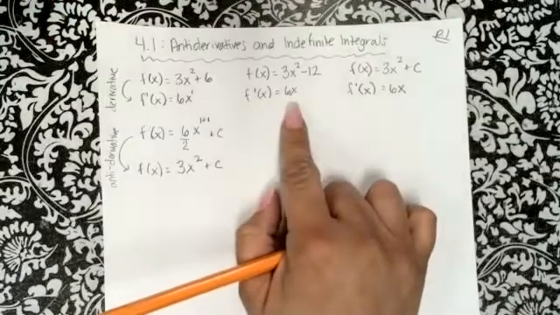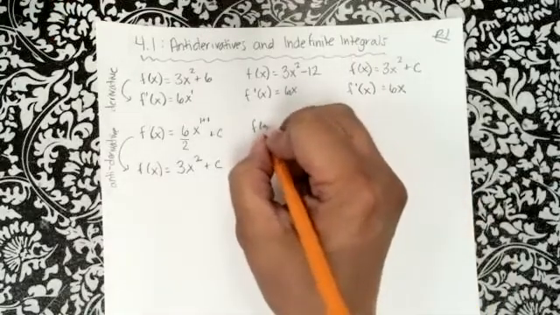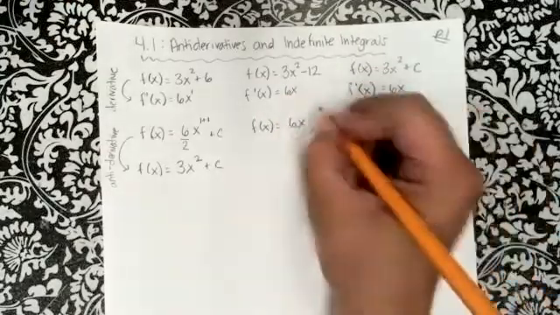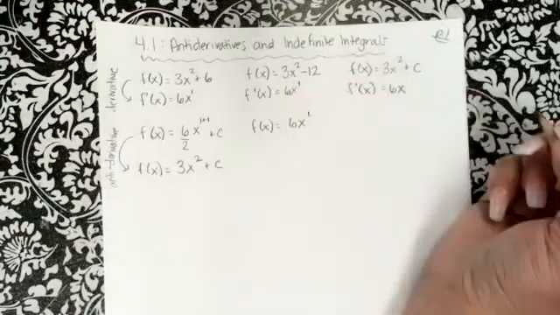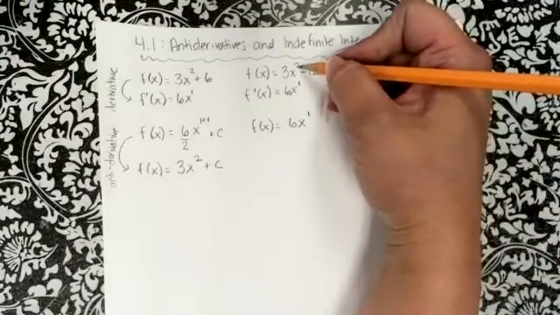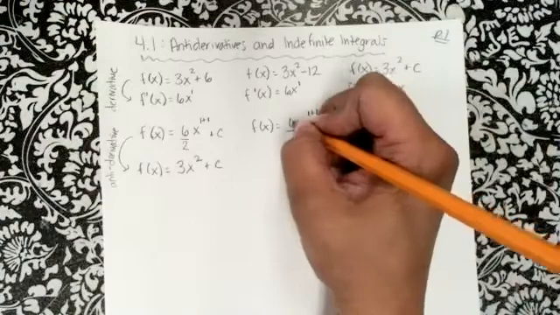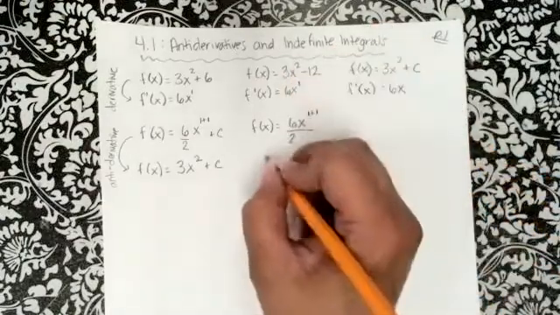Same goes for here. You start off with the 6x. Now it has a power of 1. You just don't see the 1. Now, if you're trying to go back to the original, I'm going to add 1 to the exponent. And then 6 divided by 2 gives me the 3.